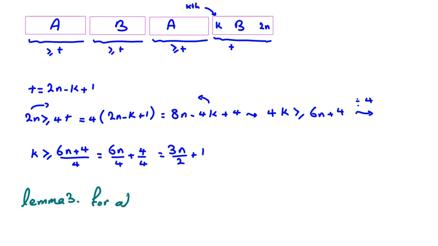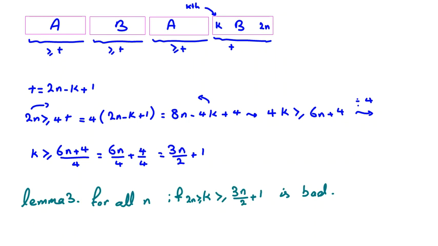For all n, if k is greater than equal 3n over 2 plus 1, and we know k is at most 2n, okay, by assumption of the problem. So we can also write it also without writing this, it will be okay. It is this k is bad. The k that is in this interval is bad because of this proof.